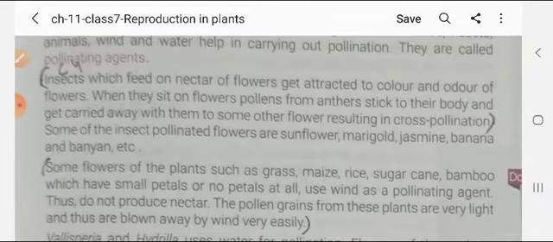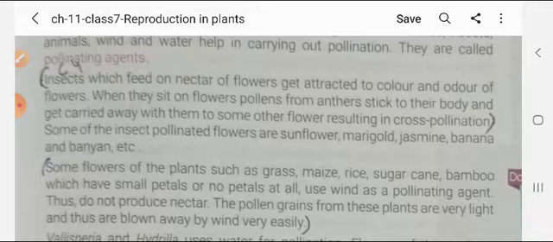While they start flying again and sit on the female part of the same flower or of a different flower, the pollen stuck on their legs falls on the stigma of the female reproductive organ. In this way insects become the agent transferring the pollen grain from one part of the flower to another or from one flower to another.